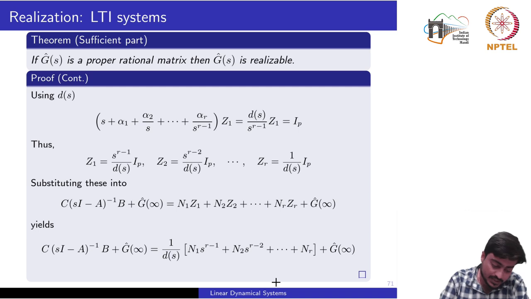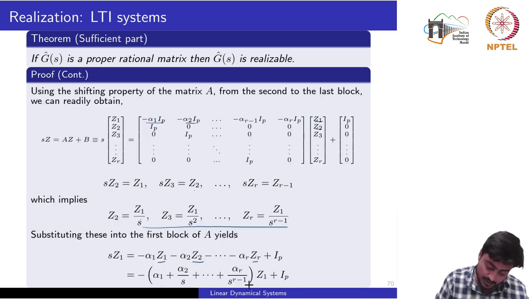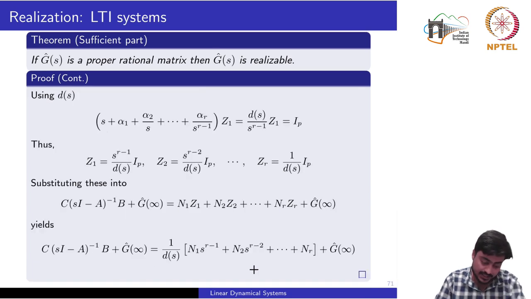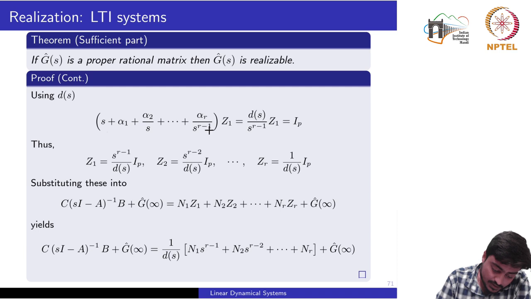Now, using the definition of D of s that we have introduced, I can write this last part. If you pay attention to this part, I am trying to simplify it in the next slide. So I can write it as the polynomial D of s divided by s to the power r minus 1, times Z1, is equal to Ip.